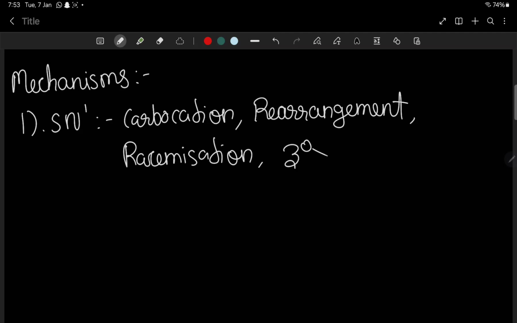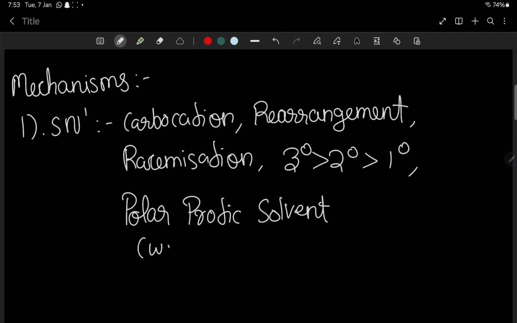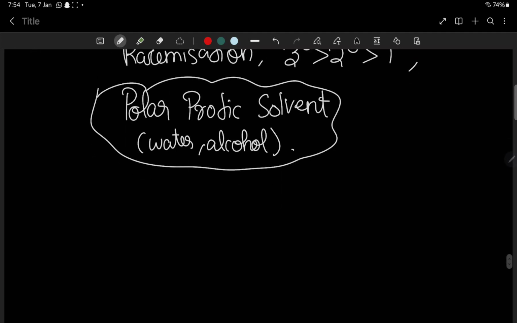The order is tertiary, secondary, primary. It happens in polar protic solvents like water, alcohol and all. This is not there in NCERT, but just note it, I am giving it extra. So this is about the SN1 reaction.